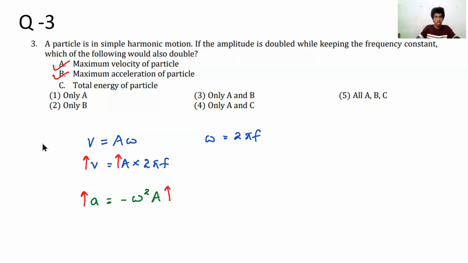C. Total energy of the particle. Total energy E is given by half k A squared. So when we double the amplitude, the total energy increases by 4 times. Therefore, C is wrong. So only A and B are correct, and the correct answer is the third one.